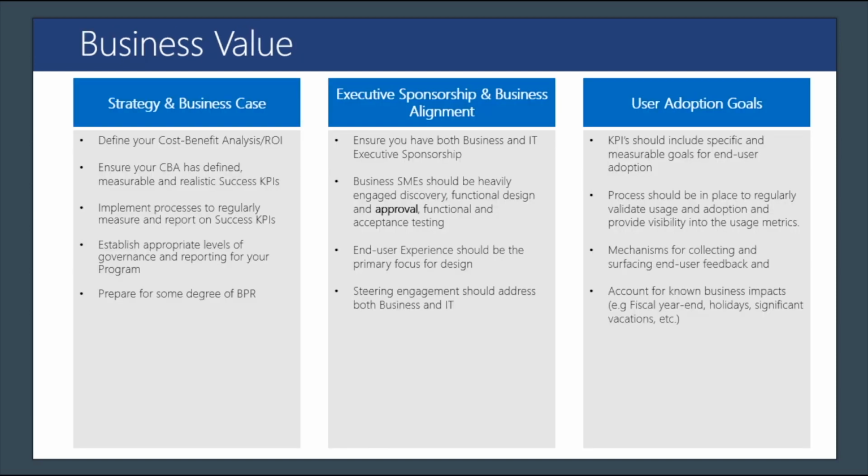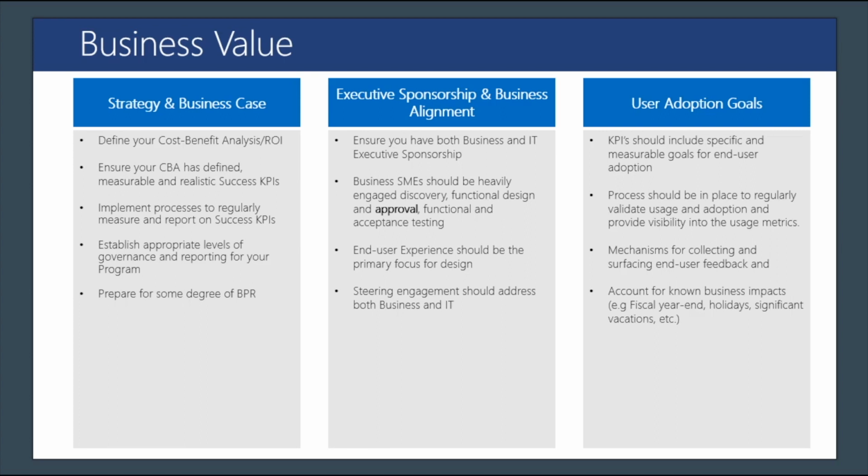In terms of driving business value, the key area that most people start when they begin a process like this is to develop their strategy and business case. Usually that means the first thing that you're going to want to do is your cost-benefit analysis and your ROI analysis. And this is where you begin to lay out the implementation, the cost of the implementation, the benefits that you're expecting, how do you expect those to be realized?